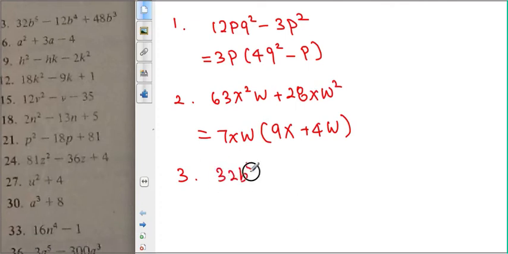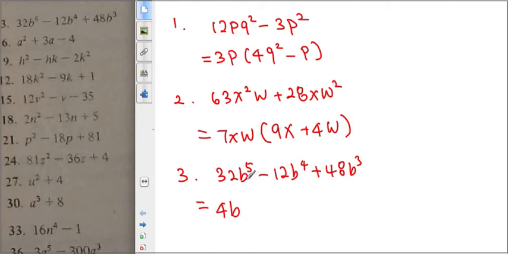Number 3. 32b to the 5th power minus 12b to the 4th power plus 48b to the 3rd power. Now, what is the common factor out of all these? 2 is common, but how about 4? 4 seems to be a better choice. And how many b's?